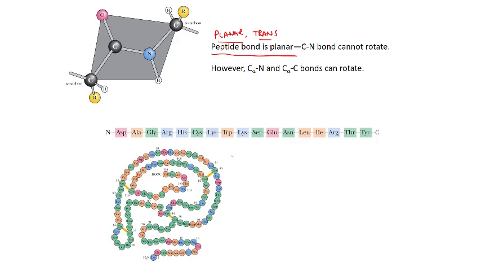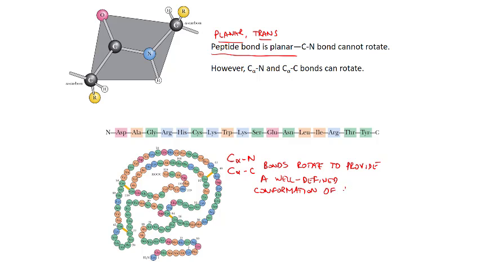So what ends up happening is, once again, the C alpha to N and C alpha to C bonds rotate to provide a well-defined conformation of the chain.